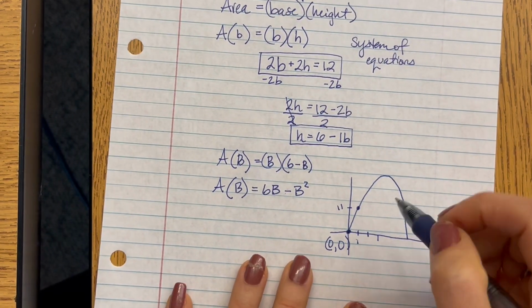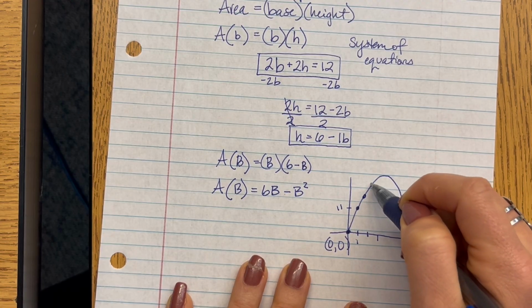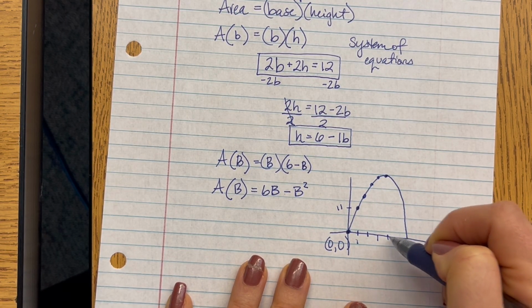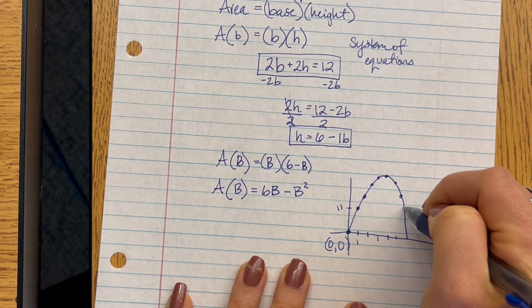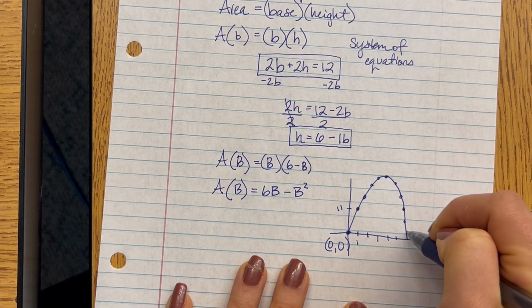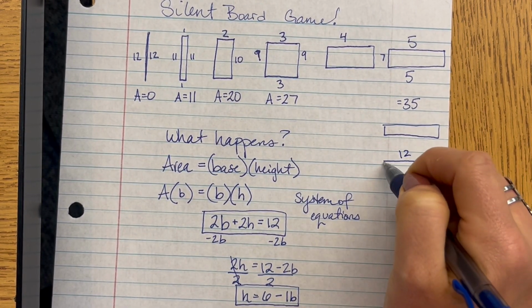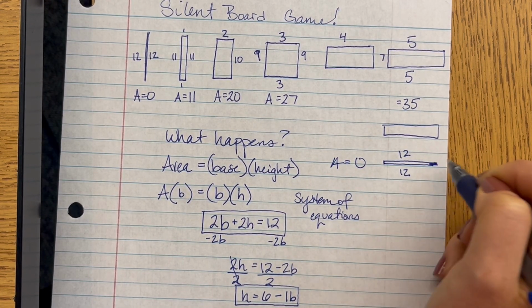And so here on this parabola, it literally represents as my base gets bigger, my area goes up, but then at a certain point, my area goes back down again. And then it closes and it closes until finally, right here, I have 12 on the top, 12 on the bottom, and 0 area because there's nothing left.